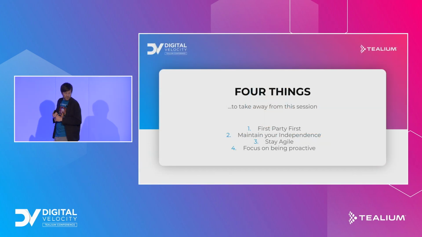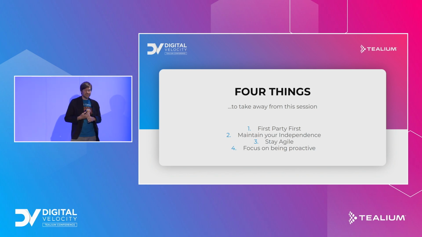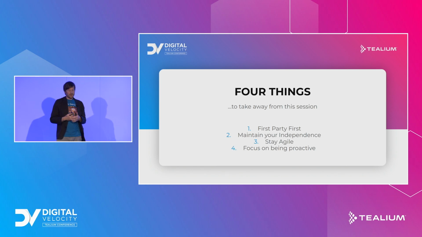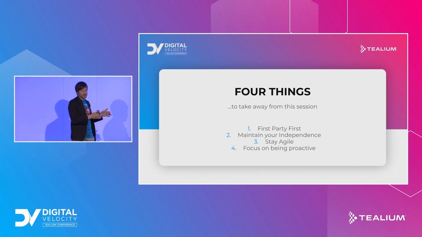So, because I have 1 minute left, perfect. Four things where I believe you should take away from the session, right? First party first, absolutely, right? As this is the data you own and control. Maintain your independence, right? If you build up a data collection and activation stack, be aware to really stay agnostic, right? And don't get locked into a single vendor.